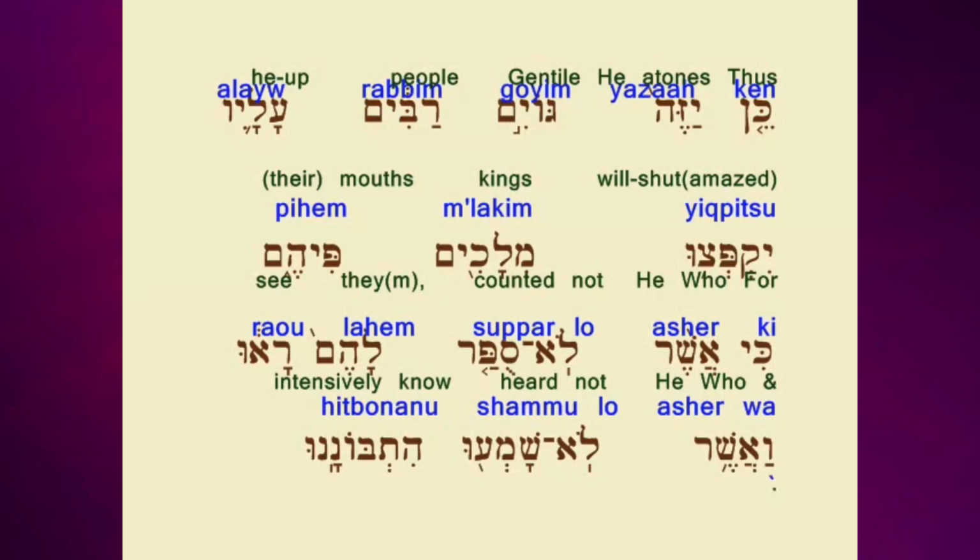And that's pretty much everybody's reaction: you shut your mouths in amazement, either amazement negative or amazement positive. So you've got 1, 2, 3, 4 perfect tense verbs, following the 2 imperfect tense verbs that began the verse.